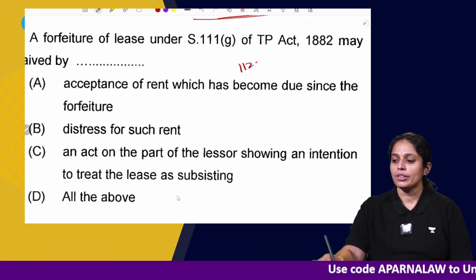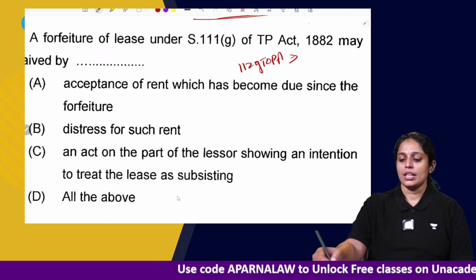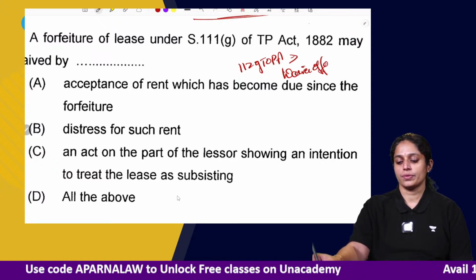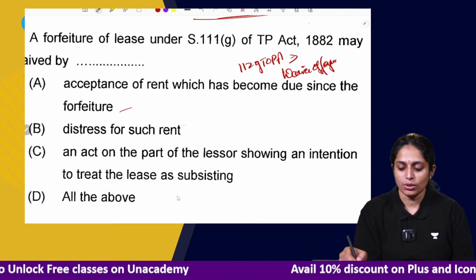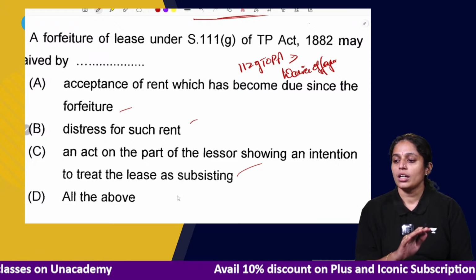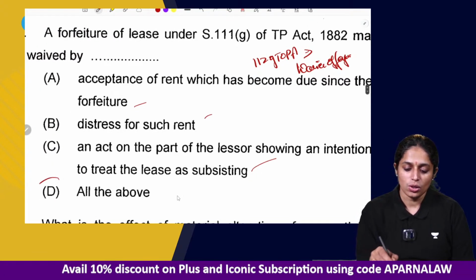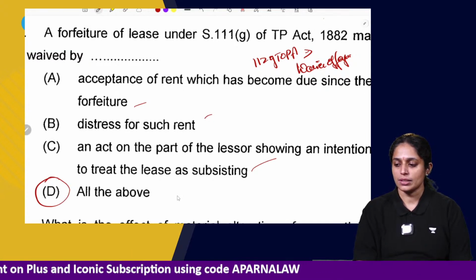Section 112 of the Transfer of Property Act deals with the waiver of forfeiture. As per that, all these are grounds where it can be waived. That's why all of the above, D, is the correct answer.